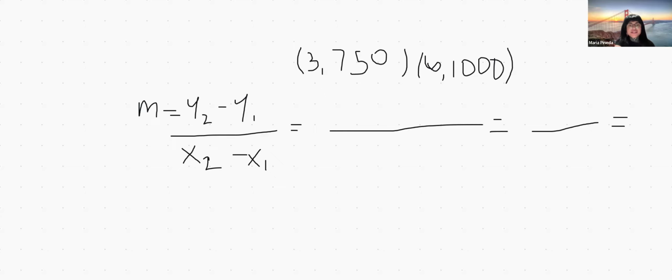Now this is the second segment, and you have (3, 750) and (6, 1,000). Again, you're going to use the same equation.